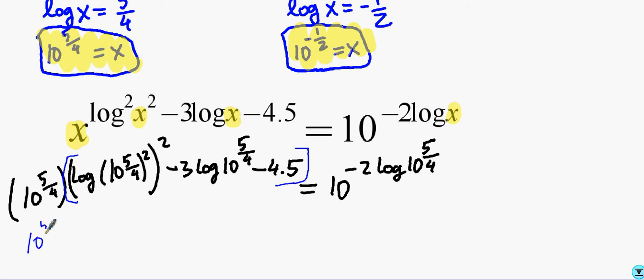So now we have 10 to the power of 5 fourths times, now this here is log of 10 to the 5 fourths times 2, which is 10 fourths, but then the base here is 10, so these two will cancel, so it will just be 5 times 2 is 10 over 4, but that's going to be to the second power here.